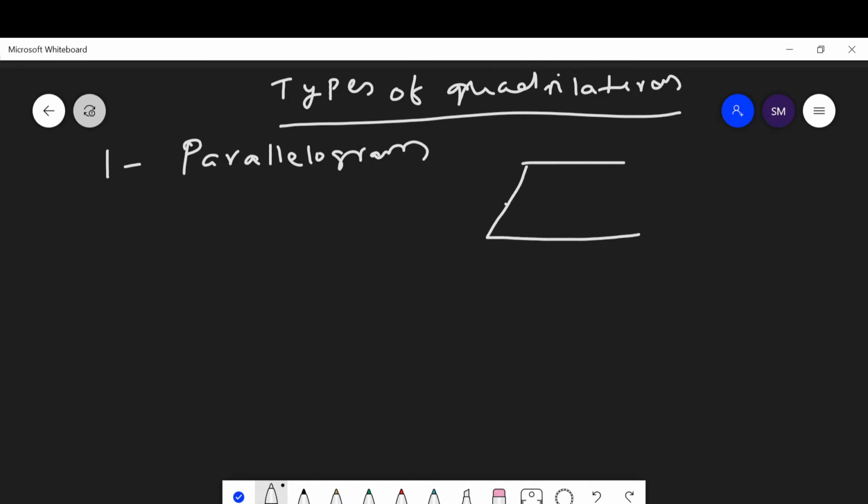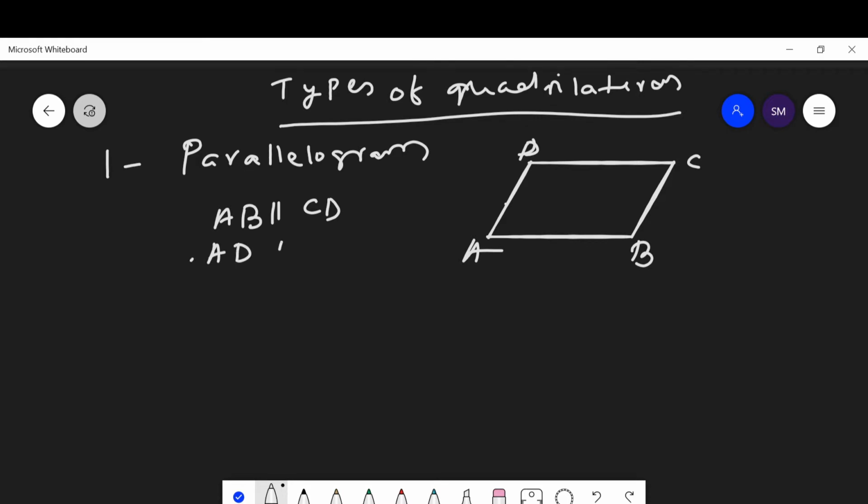Suppose ABCD is a parallelogram, where AB is parallel to CD, opposite sides are parallel to each other, and AD is parallel to BC. And both have the same measure: AB is equal to CD and BC is equal to AD.